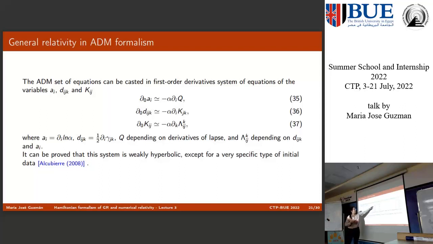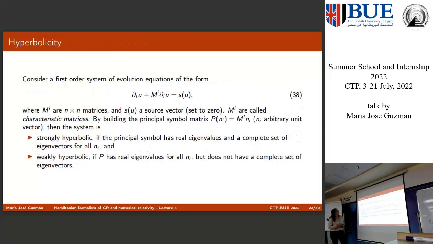Maybe that's a little bit simpler for the eyes, but this system is also weakly hyperbolic. And what one has to do is conformal transformations.